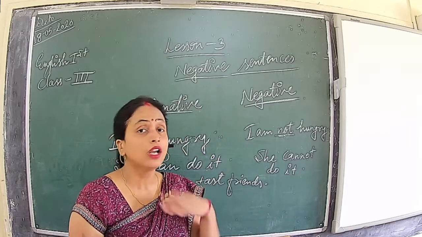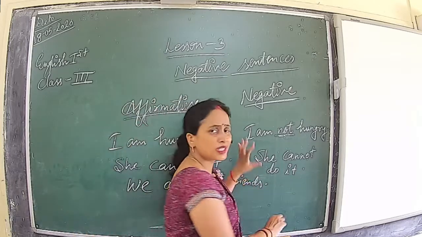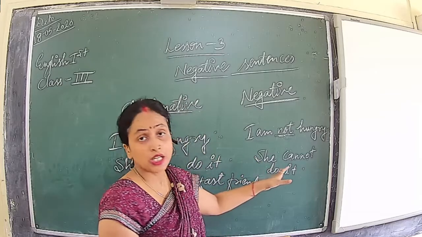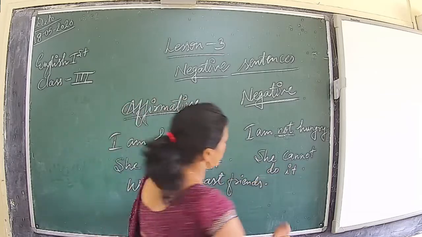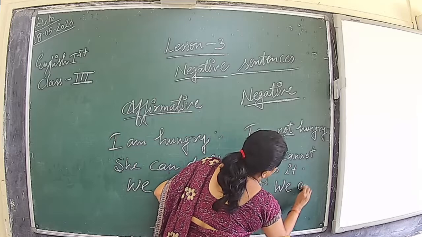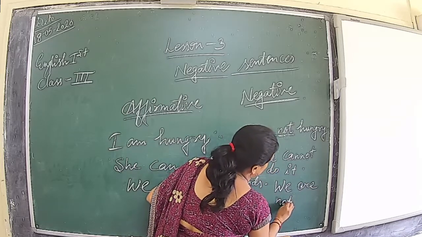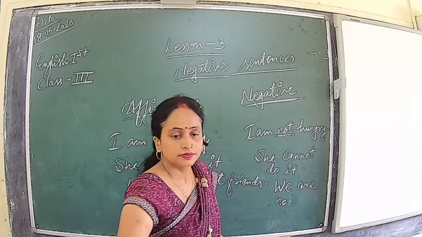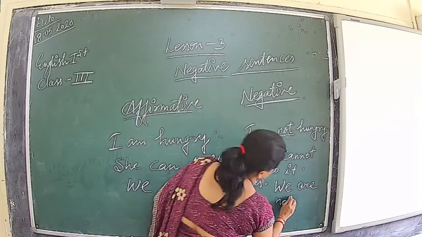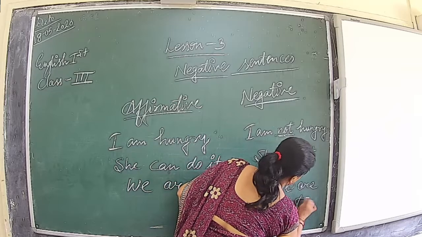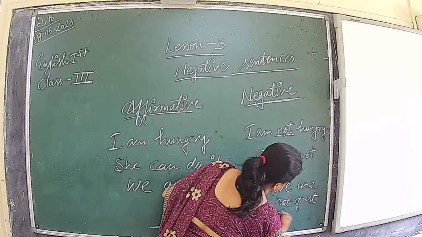By using not. These are simple sentences. How do we change it? By using not. So, we are not. We are not fast friends.